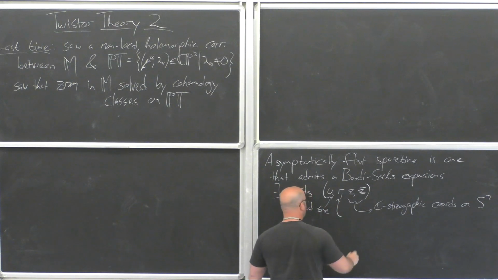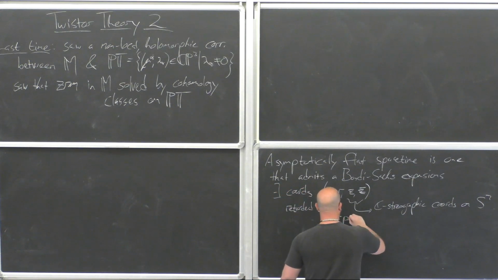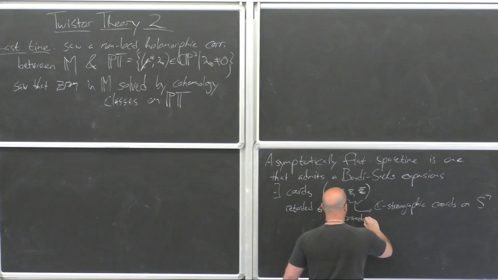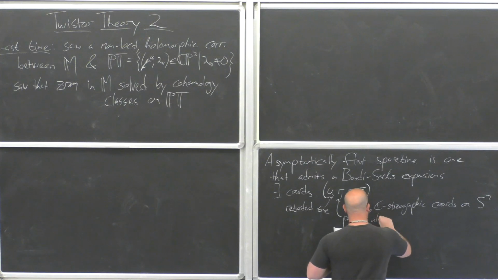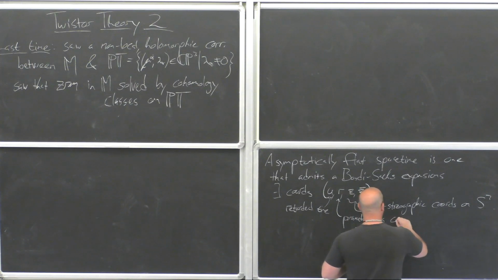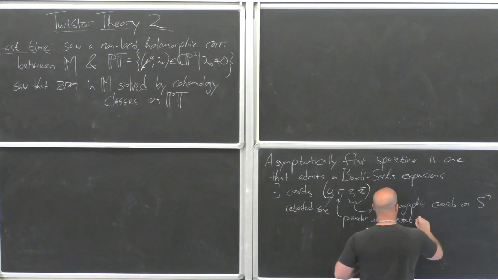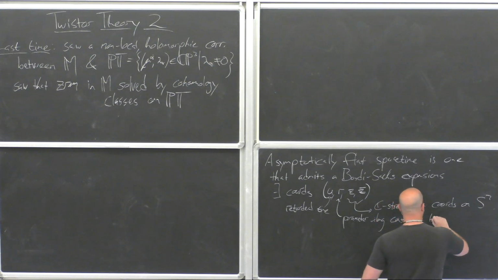This U is retarded time, and R is a parameter along constant U hypersurfaces.